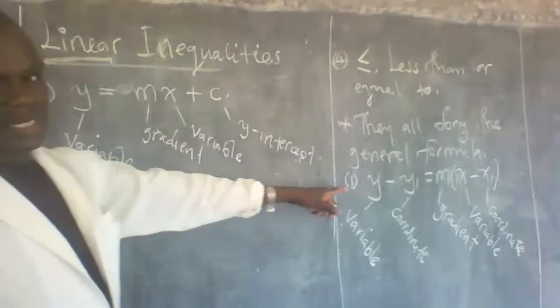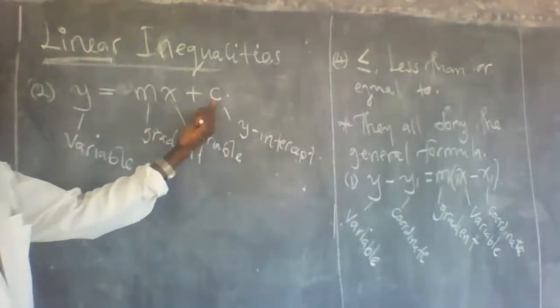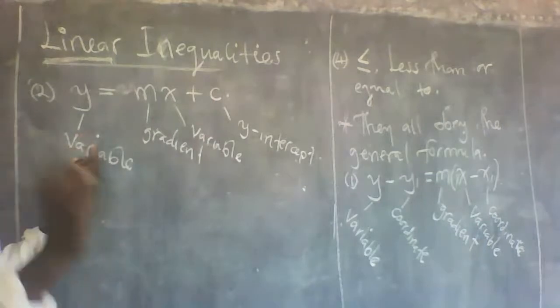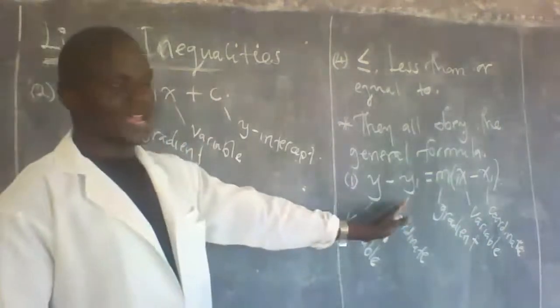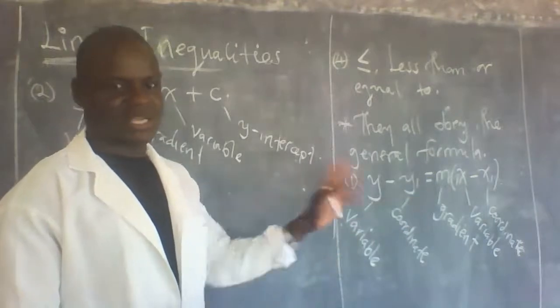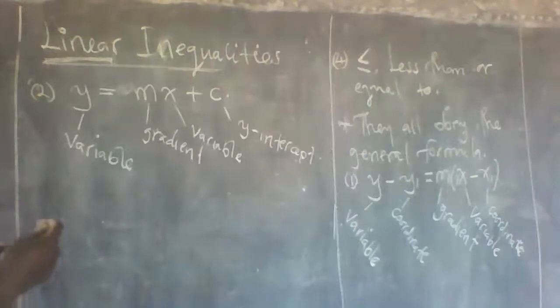In here, we can see the difference: in here we don't have a y-intercept. In here we do. That's a y-intercept. Here we only have x and y variables, no coordinates. In there, we have both x and y coordinates. So these are the two important general formulae that we'll be using every now and then.